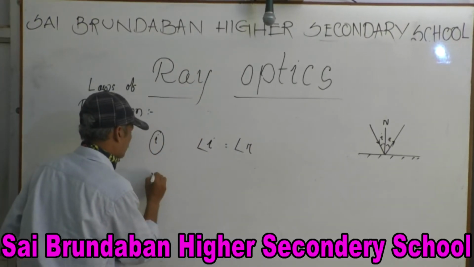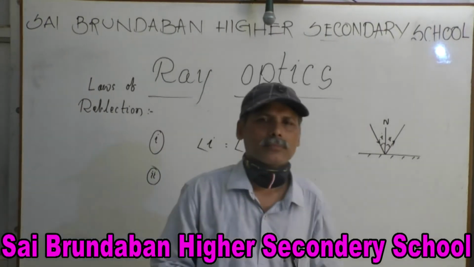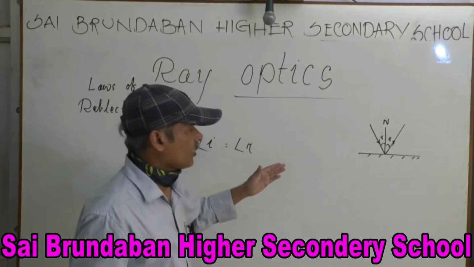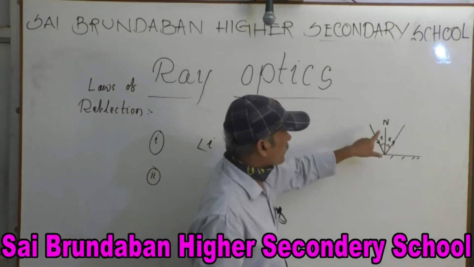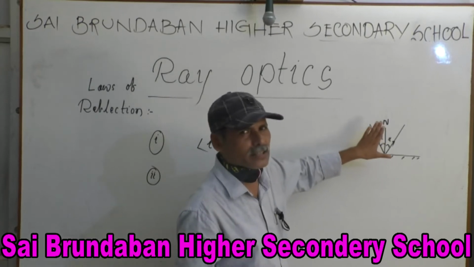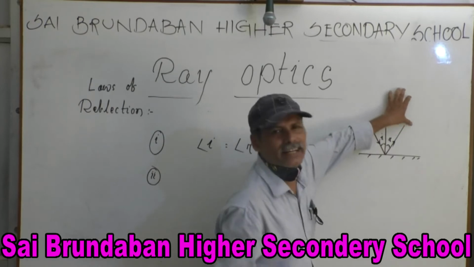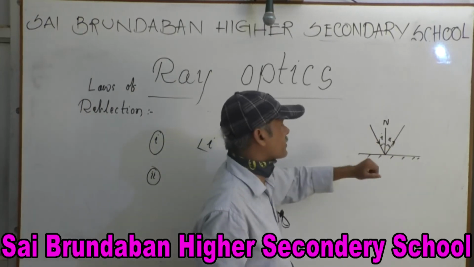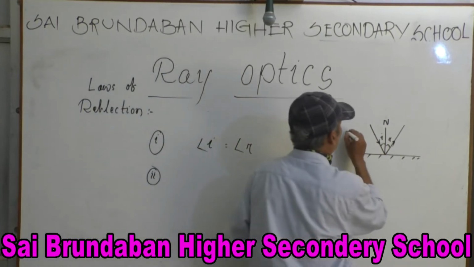Second, all the 3 lines. These are three lines. Generally the rays are represented in line. One is normal, another one is incident ray.